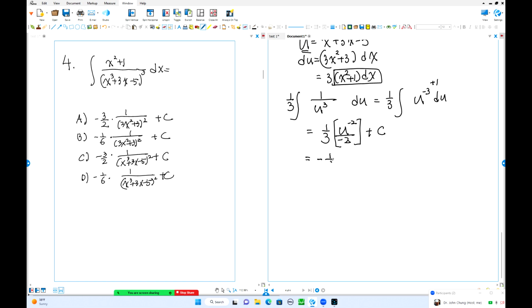That's why negative 1 over 6, u to the negative 2 is 1 over u squared, plus c. Now we replace u with x cubed plus 3x minus 5. Minus 1 over 6 times 1 over (x cubed plus 3x minus 5) squared, plus c. That's the answer.